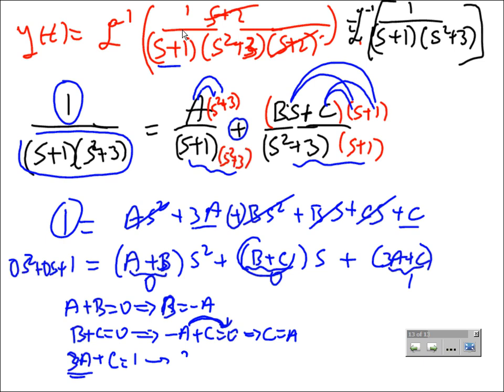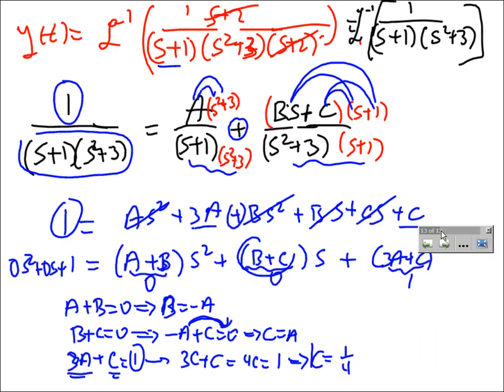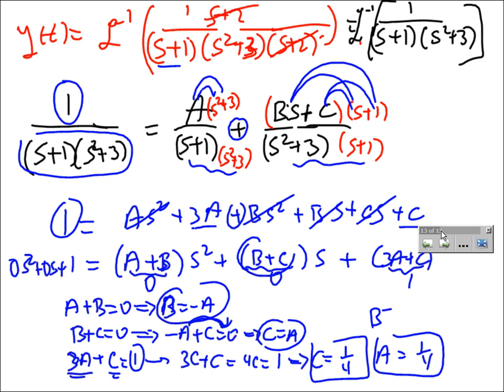So this is 3c plus another c, which is 4c, which equals 1. So c is 1/4. But c is the same as a. That is, a is the same as c. A is 1/4. And b is the negative of whatever a is.